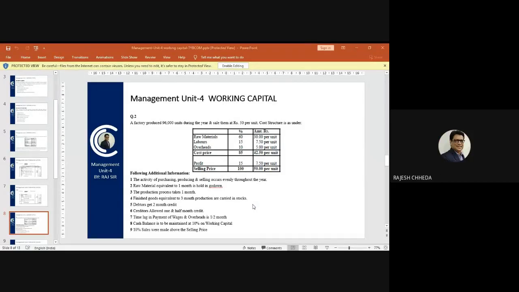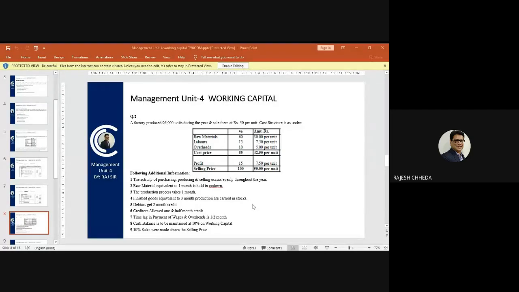Perfect. 8,000 multiplied by 2 months multiplied by 50 rupees. Whatever the answer is, that is my debtors. That is the estimation of the amount required to get blocked in debtors.